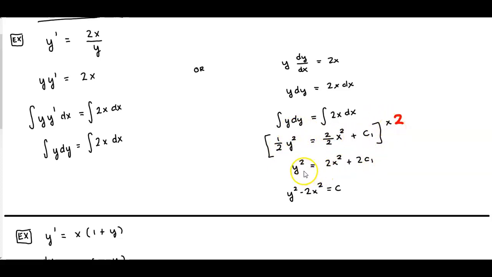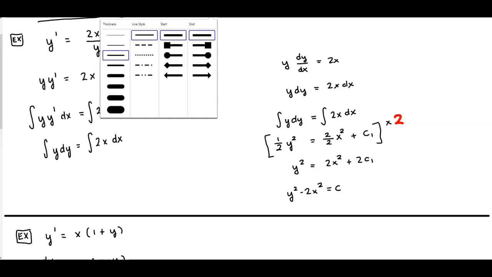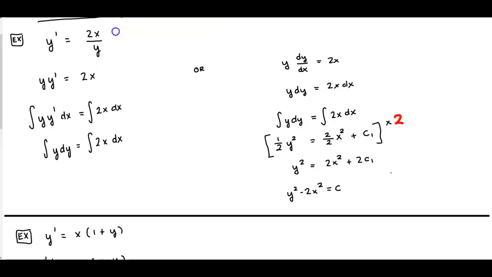So we're going to get y squared equals 2x squared plus 2c1. And then if we subtract the 2x squared from both sides, and we let c equal c1, there would be our result.